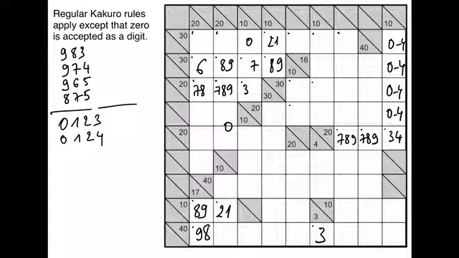So that seems possible. But I think that 9 here looks possible. 9, 8, 1, 0, and 2. That sounds possible.